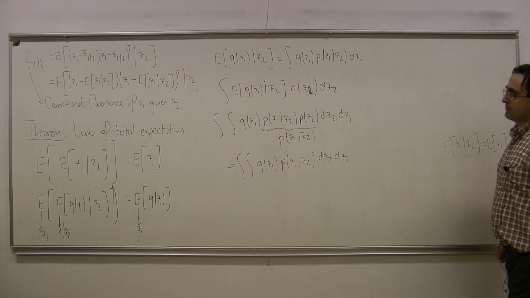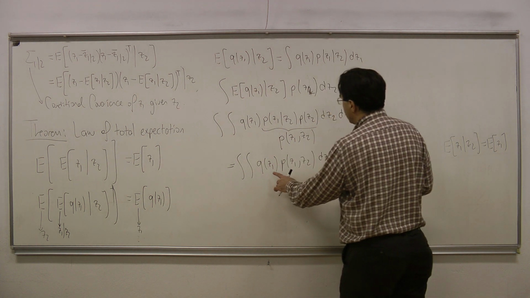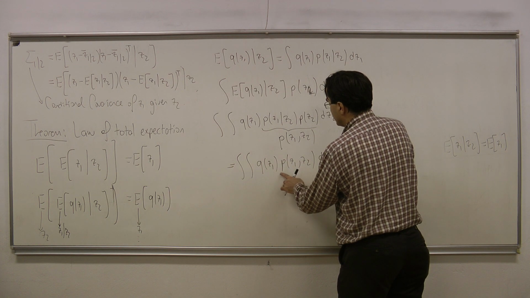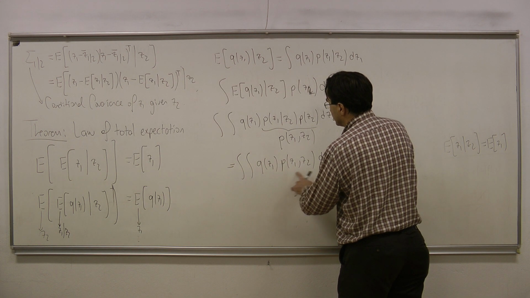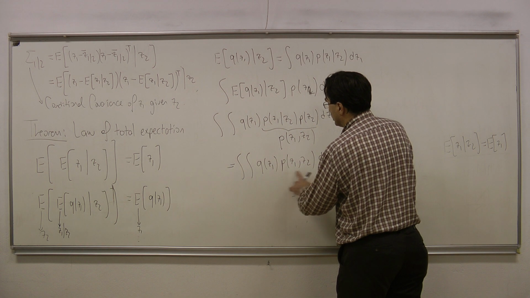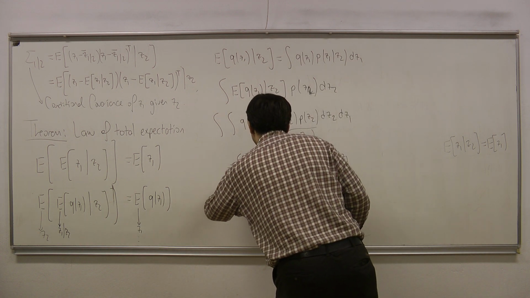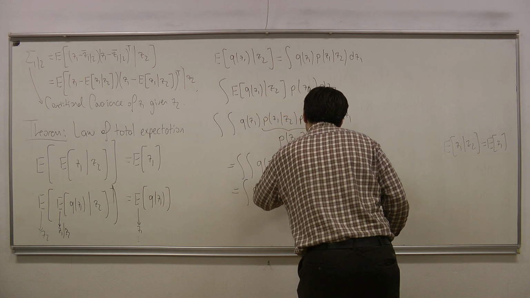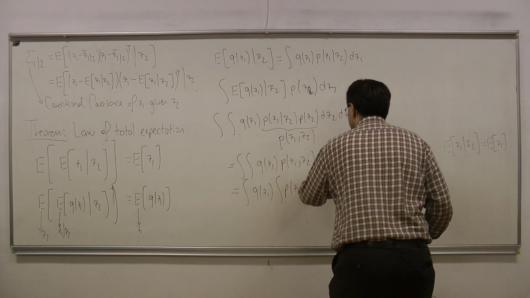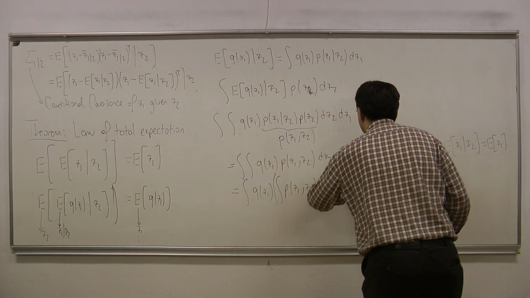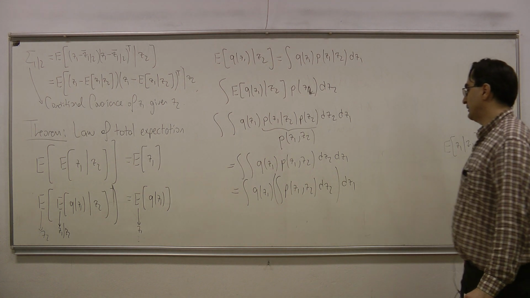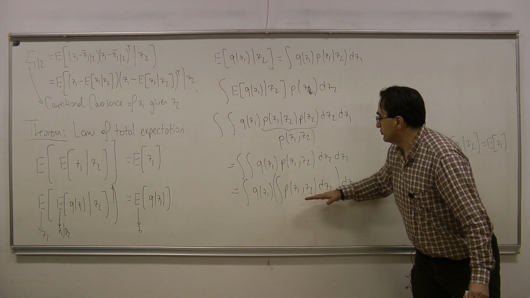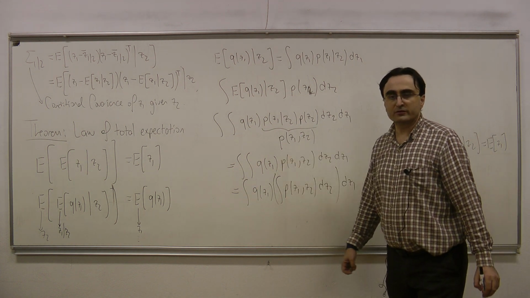Now I see that I can take the integral with respect to Z2 inside, because the only function which depends on Z2 here is the joint distribution. So that is equal to Q of Z1 times the integral of P of Z1, Z2, dZ2. This is the inner integral, and I have dZ1. And what is this integral? I'm integrating the joint distribution with respect to Z2 over the whole space.